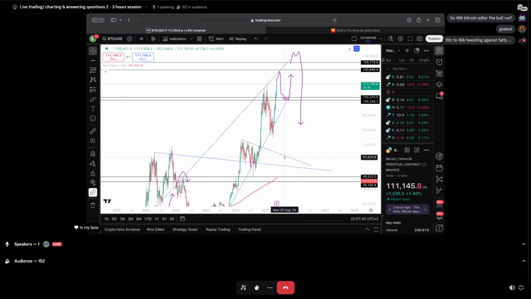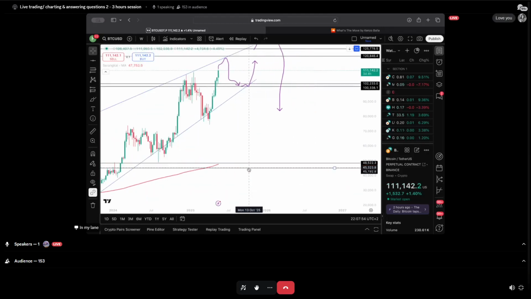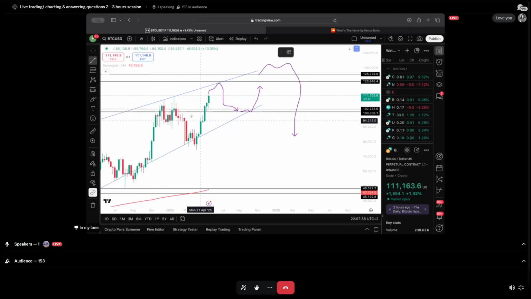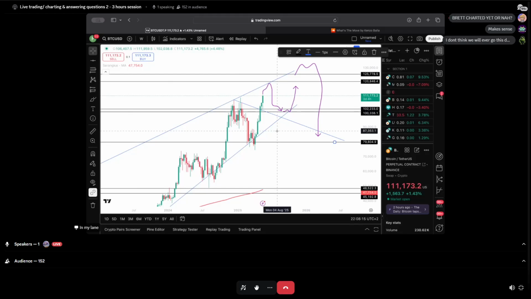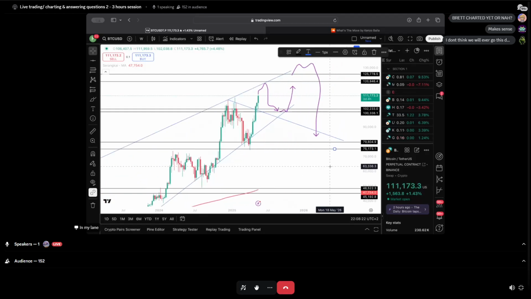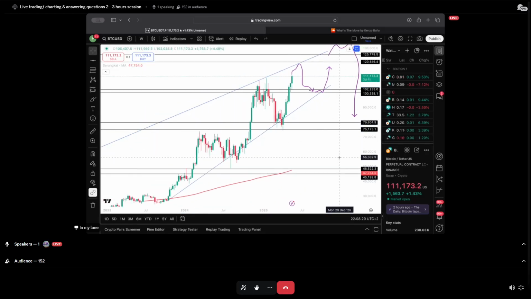I mean, this is the place I'll be buying later. Those are the key levels on weekly.